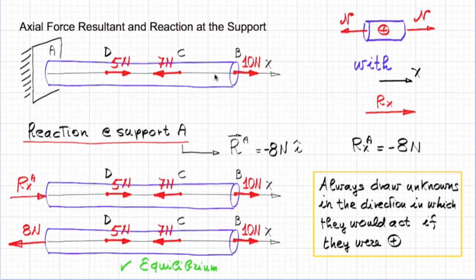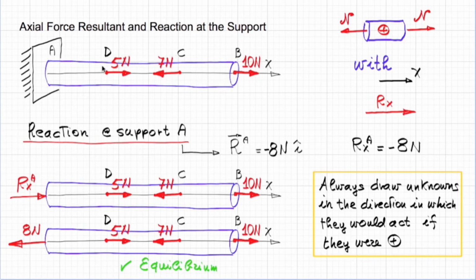Let's consider now what happens inside the bar. We want to calculate the axial force resultant that is carried along the bar, and we see that it changes from position to position because there are forces applied along the bar that cause the axial force to change.